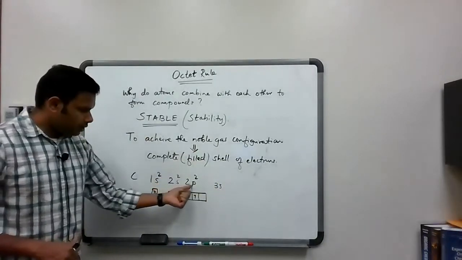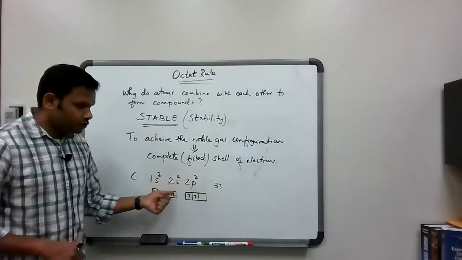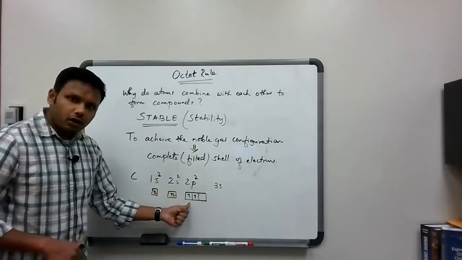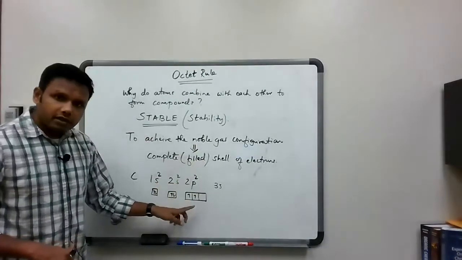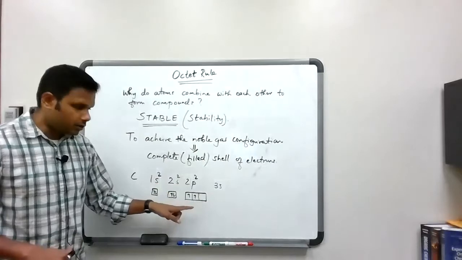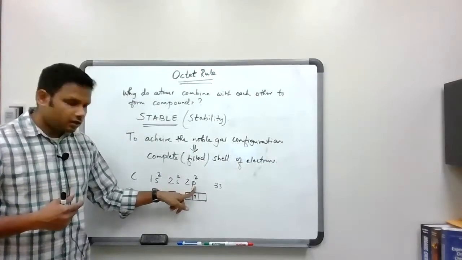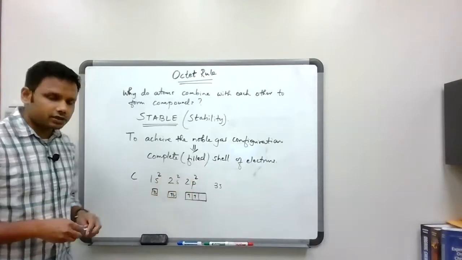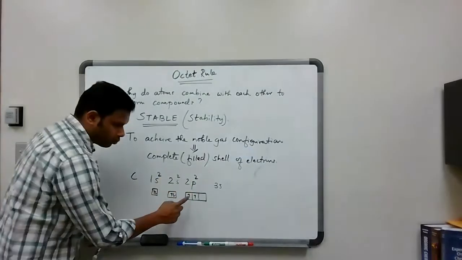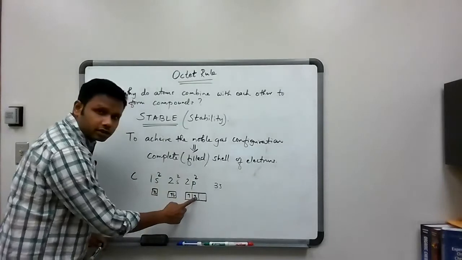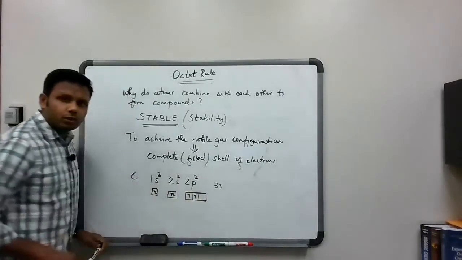So for the second level to be filled, this orbital needs an additional 4 electrons, because again, recollect that p can go up to 6 electrons. So we can put 1 electron here, another electron here, and then we have 2 more electrons over there.